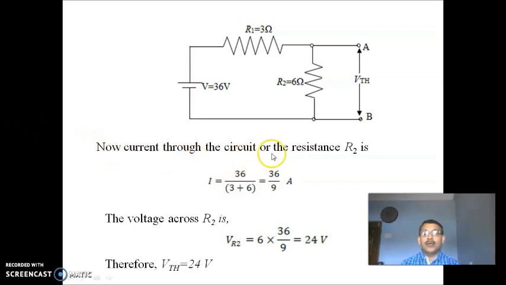The current through the circuit, or the resistance R2, this 6 ohm resistance, is 36 divided by, these are in series, 3 plus 6, so 36 by 9 ampere. Therefore, the voltage across A and B, which is the Thevenin's voltage, is the current times the resistance. The current is 36 by 9, the resistance is 6, therefore it is 24 volt. That means the Thevenin's voltage is 24 volt.